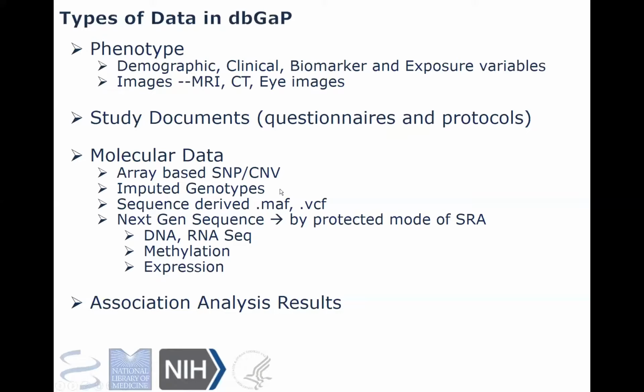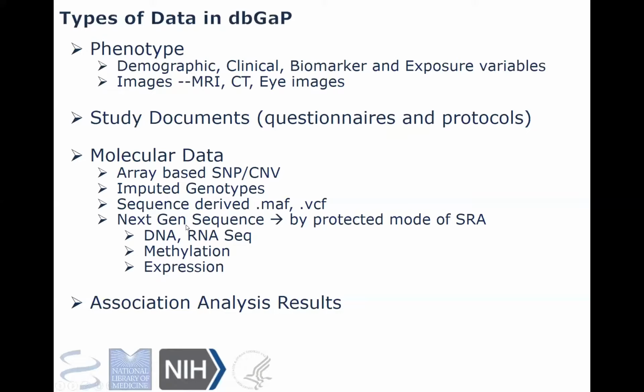We also have a large number of imputed genotypes, sequence-derived genotypes, and this takes the form of BCF and MAF files, which are primarily tumor-normal comparisons. And then we have a number of studies that have next-gen sequencing, either whole genome or whole exome.